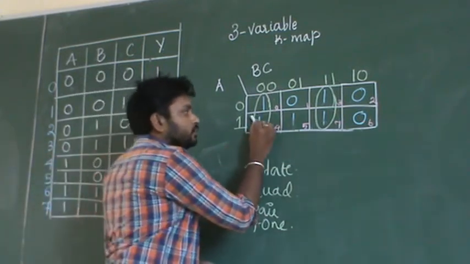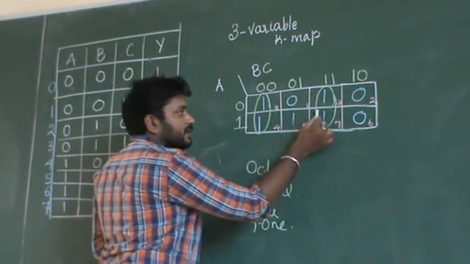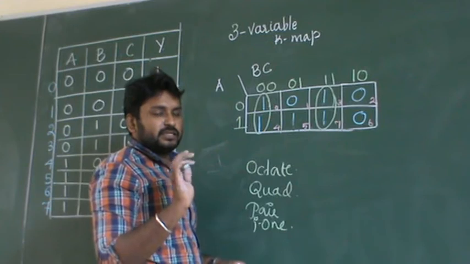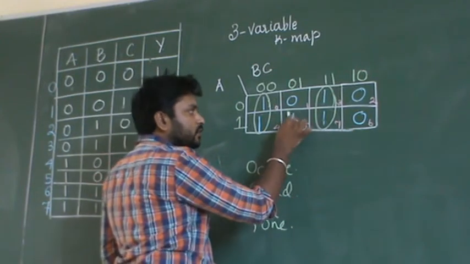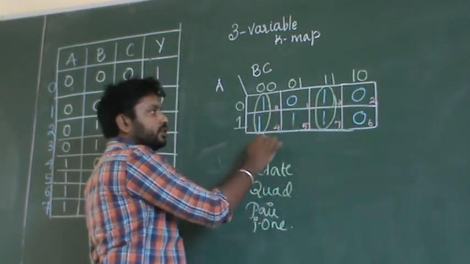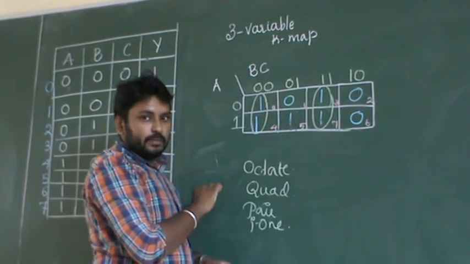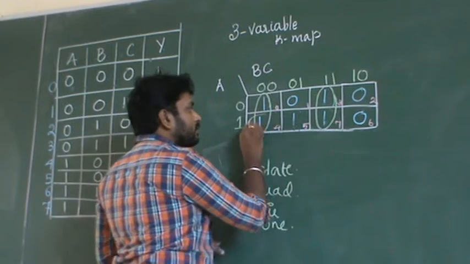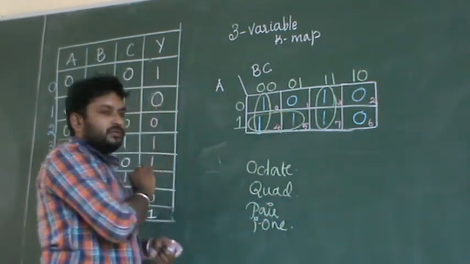Whether I go for this pairing or this pairing, either is okay; it is left to the user. But you have to go for pairs. So I will go for this pair and this pair.